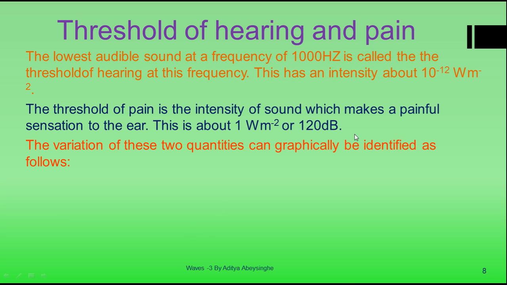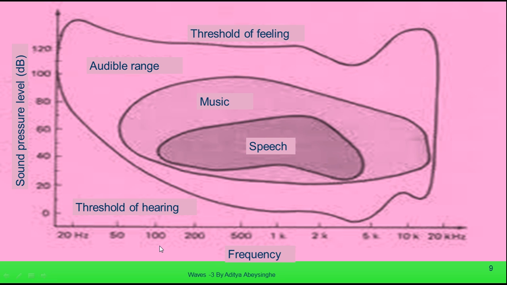So this actually varies between 0 decibels and 120 decibels. This variation can be graphically explained as follows. This is actually a complex graph of different sound sources. So you have the threshold of hearing somewhere here, around 0, and the threshold of feeling around 120. Human speech generally doesn't vary between 0 and 120.